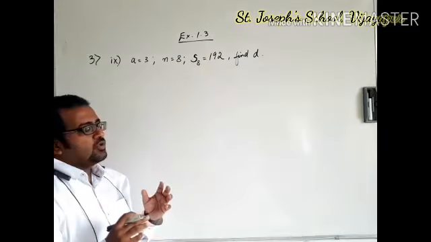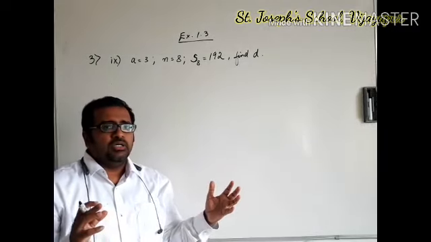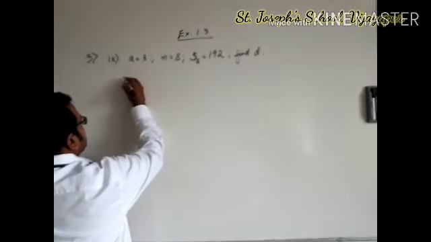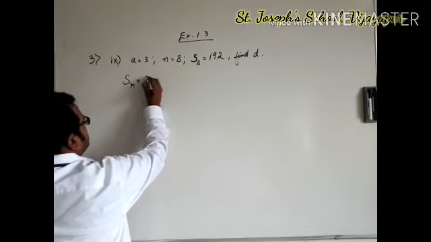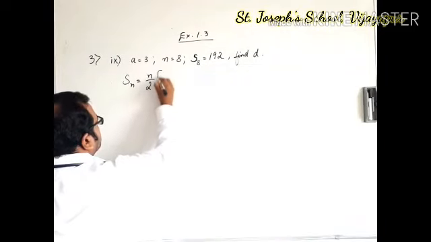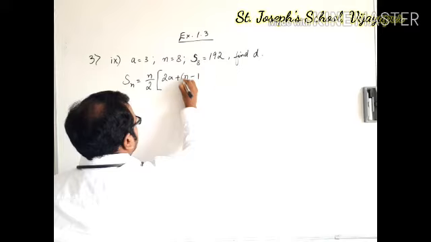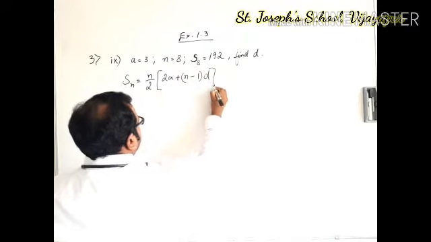So what we will do is we will not go for the shorter version, we will go for the longer version. Fine. So the longer version is sum of n terms is equal to n upon 2 into 2a plus n minus 1 into d.